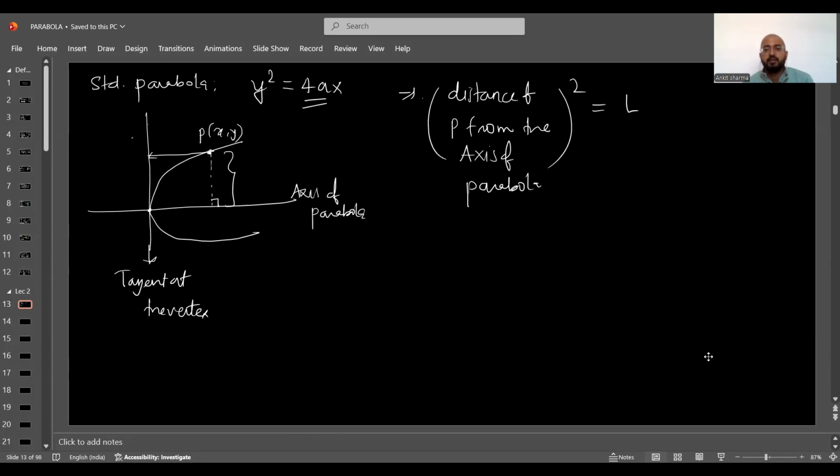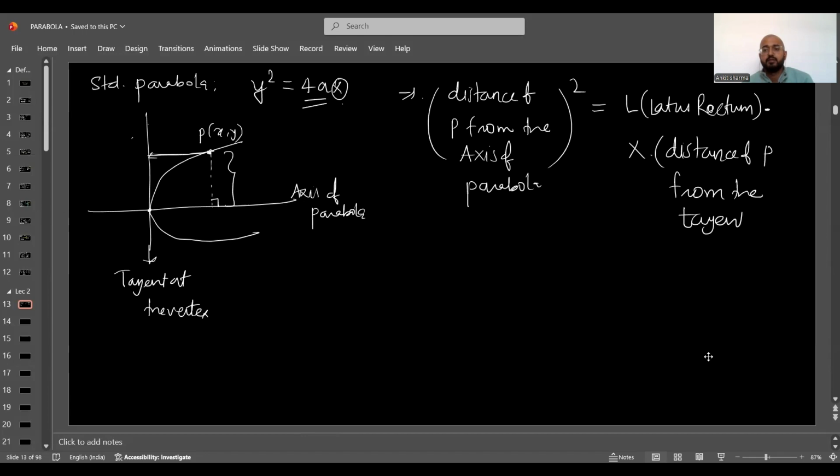We know it is nothing but the length of the latus rectum, 4a is the length of the latus rectum, into x. And x is nothing but this distance, which is the distance of P from the tangent at the vertex. So I can write the distance of P from the tangent at the vertex. This is one very important finding.